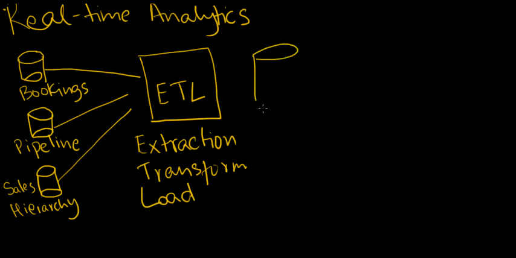So the key advantage of going through this step is that the data that you're dealing with is a much smaller subset compared to the volume of data across all these different operational systems. And as a result, your query times are much more meaningful. You're able to run your queries and get results within a reasonable amount of time.